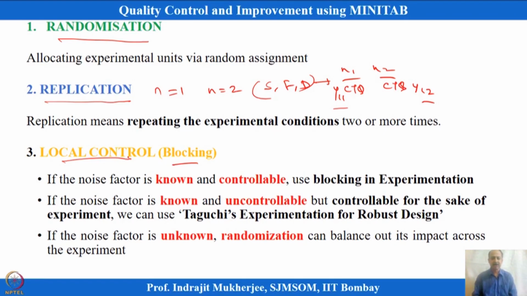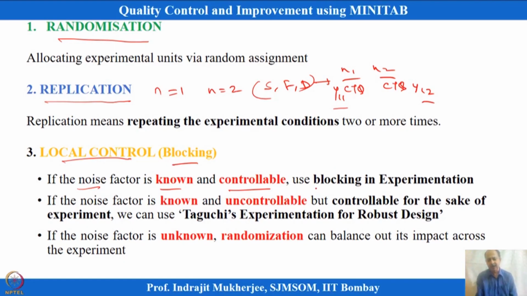But some other variables may also be influencing my results. In that case we adopt certain means to deal with these types of nuisance variables or uncontrollable variables, which I cannot control in real processes. So, if this noise or nuisance variable is uncontrollable, it is known, and it is treated as controllable for the sake of experimentation.